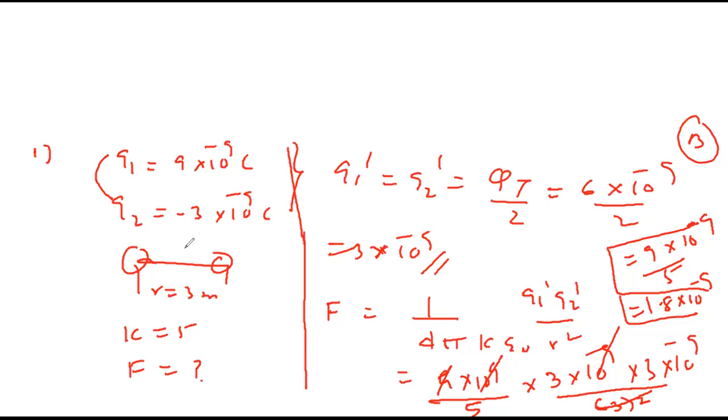See, whenever two bodies are brought in contact and separated, always it will repel because charges will get equally divided. So अगर resultant is positive तो दोनों पे plus plus, resultant is negative तो दोनों पे minus minus, ऐसा होगा. स्टार्ट में कुछ भी था, स्टार्ट में प्लस माइनस था तो अट्रैक्शन था, लेकिन जब टच करके सेपरेट करेंगे ऑलवेज रिपल्शन. क्लियर?